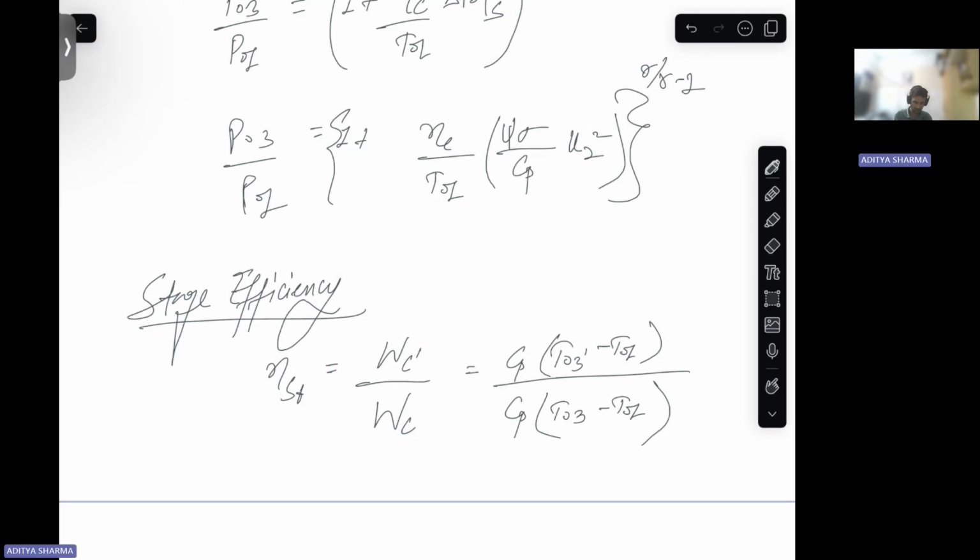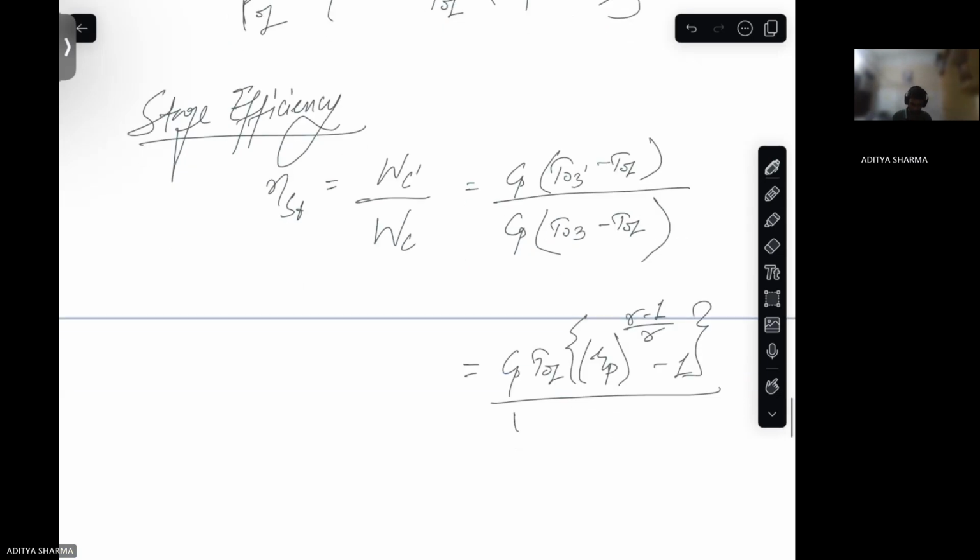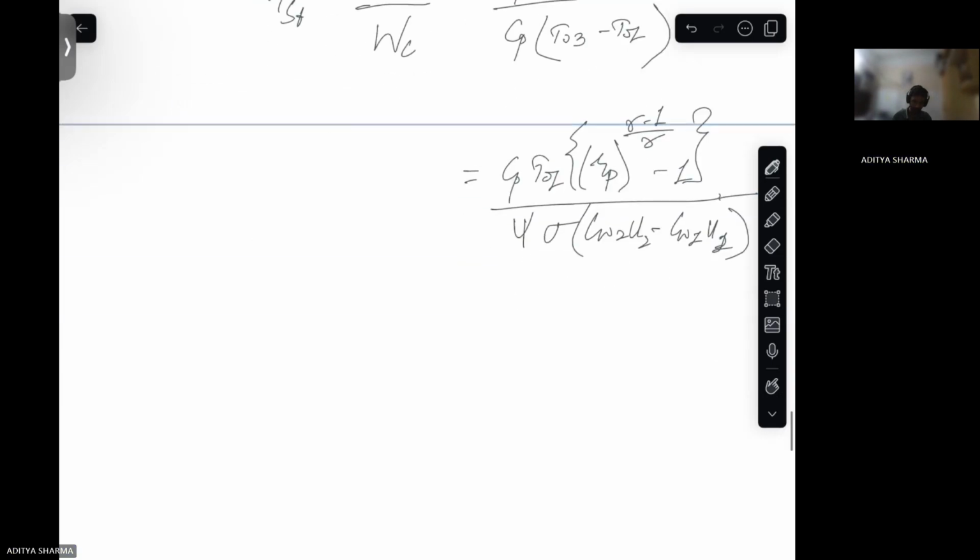Okay. So there is an expression for this also, which is something like this. So it is not that difficult to work out. One or two steps, that will do. And in case you are facing some difficulty, you can refer to lecture number 37, or you can just ask me in the comment section. Okay. So this is your stage efficiency.